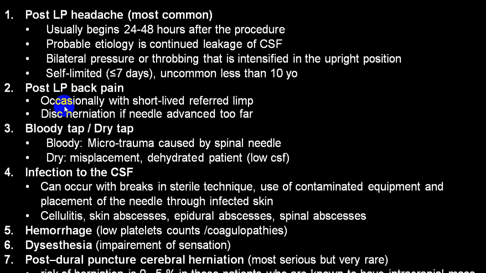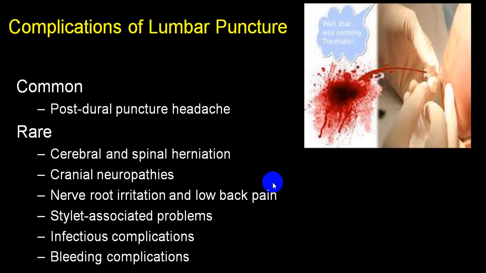Post lumbar puncture headache, backache, bloody tap, dry tap, infections, hemorrhage, damage to the nerves, dysesthesia, post-dural puncture, cerebral herniation, rare but can happen. So these are all the common complications.